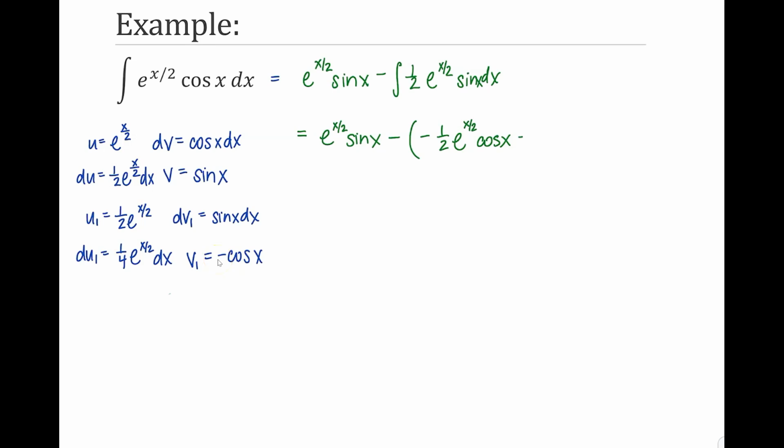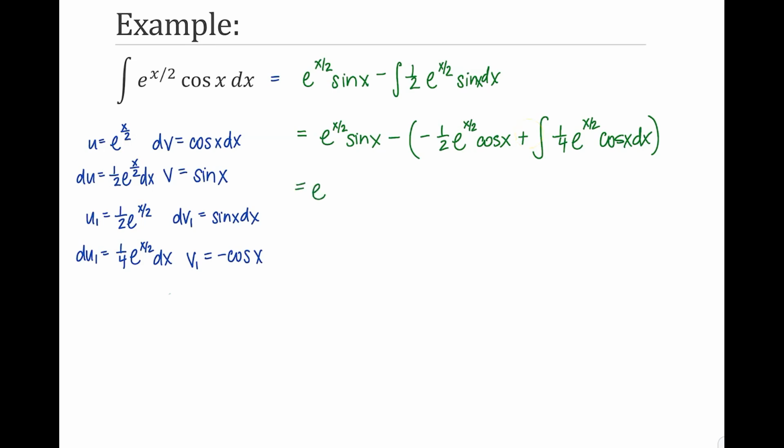And then minus the integral of v1 du1, so multiplying across horizontally here. So there was a negative, so it's going to be like negative 1/4 e to the x over 2 cosine x dx, but there's a negative here, so I'm just going to make this a positive 1/4 e to the x over 2 cosine x dx. All right, so that's what I have. This negative would distribute to both terms. There's two different terms here.